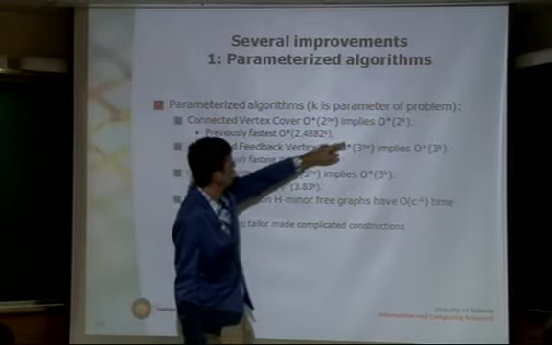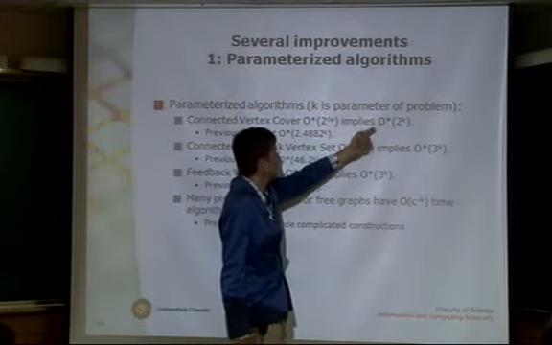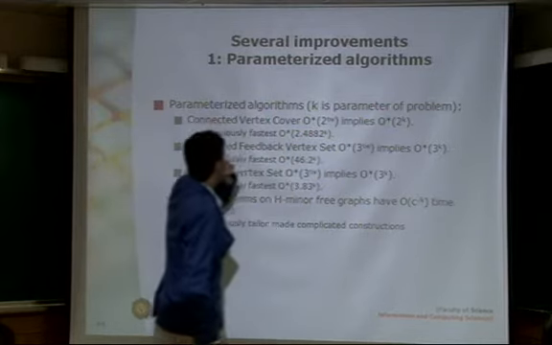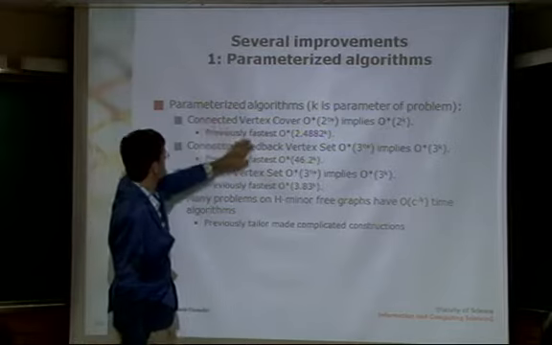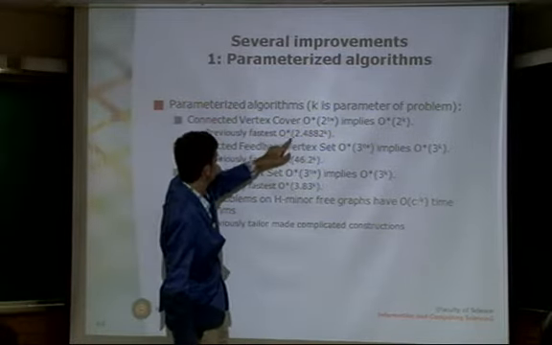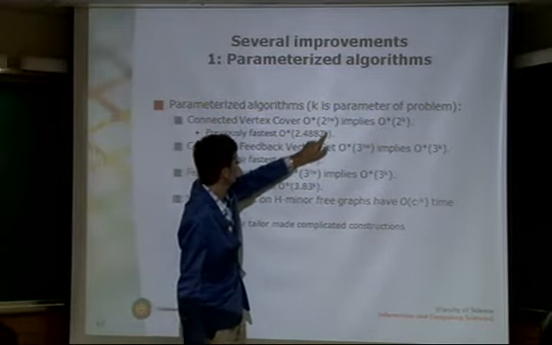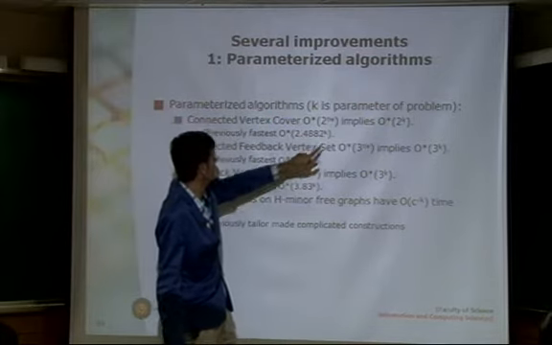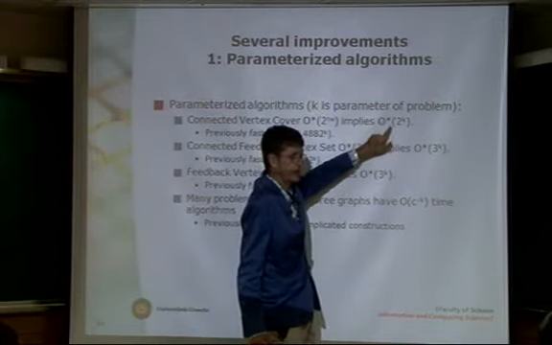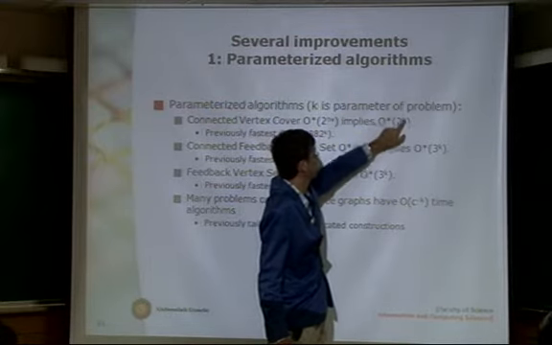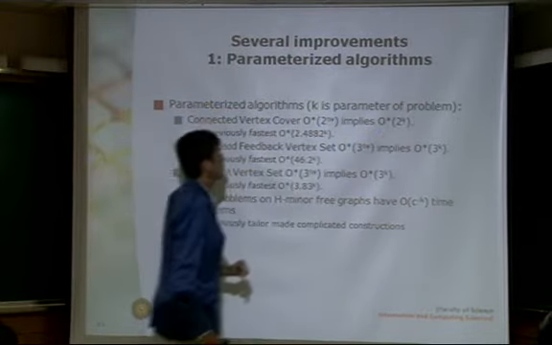So k is, say, the target value of your problem. The previously fastest algorithm for connected vertex cover used 2 to the 4.88k times a polynomial in n time, but using this you can have a randomized approach which uses 2 to the k time.